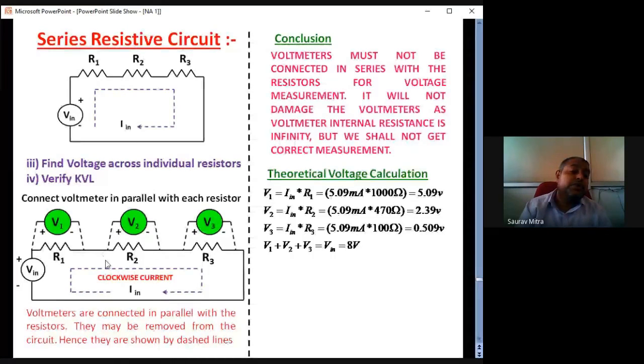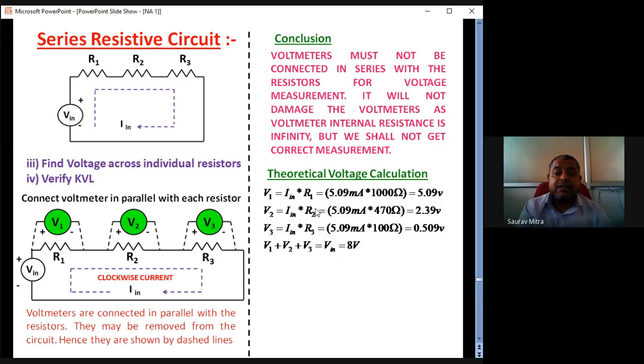Even if you don't calculate I in, just take this value 8 and divide it in the ratio of 1000 to 470 to 100, and this will be the answer. Without finding I in, just by applying mathematical ratio division, you can find the distribution of voltage across all these three resistances.